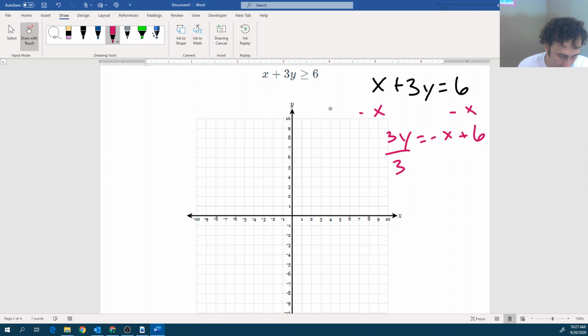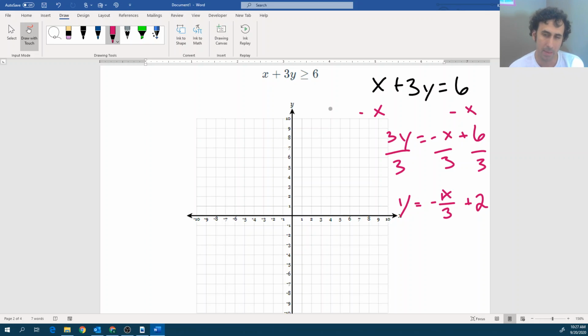We divide everything by 3 as we've done in the past, and we'd end up with y equals negative x over 3 plus 2. So now it's in that y equals mx plus b form from last week. We've got it in that form where we can now graph it.